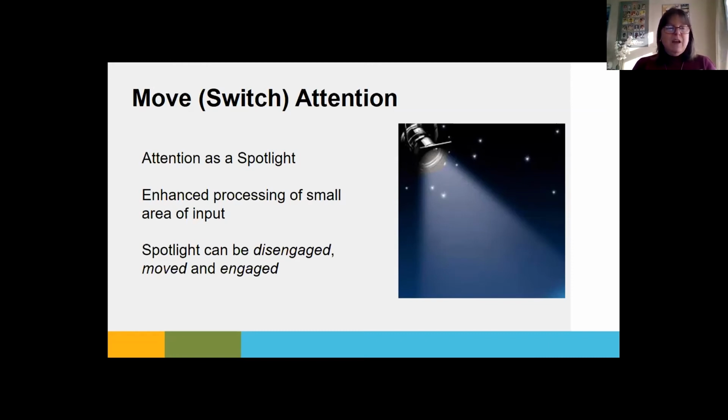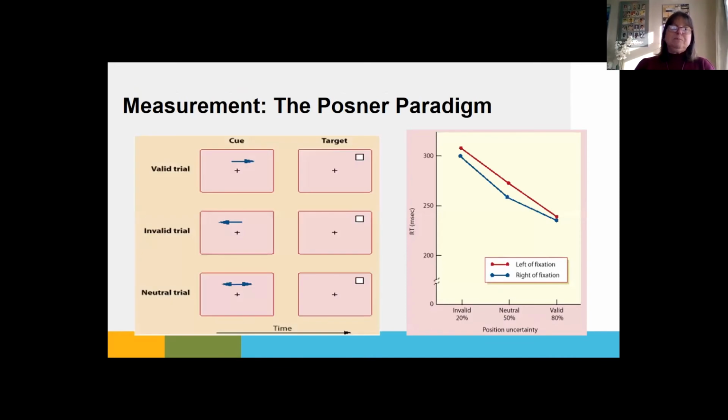And there is a particular type of theory that suggests that our attention works in a similar way, that as we move the focus of our attention around, we can attend to different things. Again, we have a lovely test or task that we can use to measure this type of switching of attention.